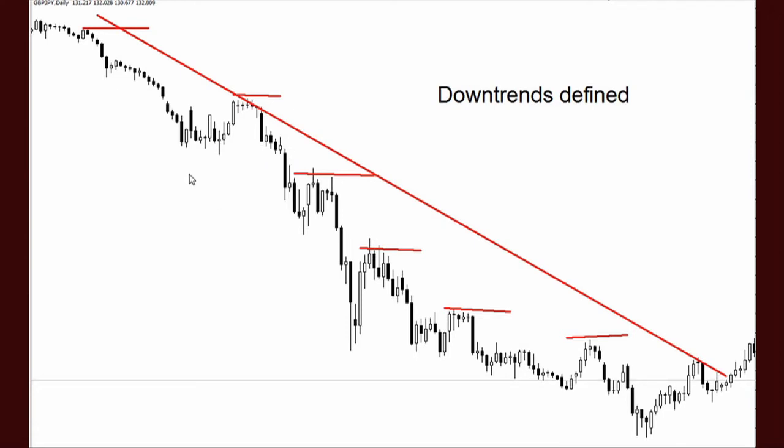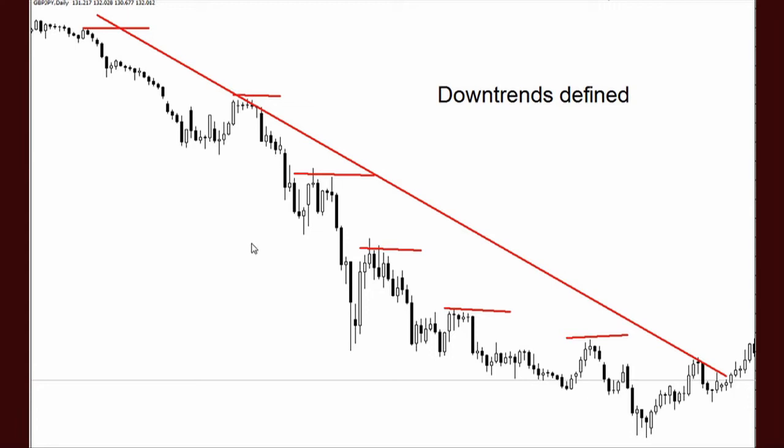It tends to move in a rhythmic pattern, as I mentioned before, very much like breathing. This is the inhale, this is the exhale. This is the inhale, this is the exhale. And you can see it's a very rhythmic pattern that occurs over and over again in a downtrend.